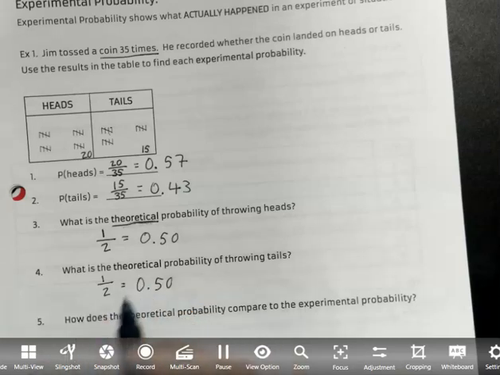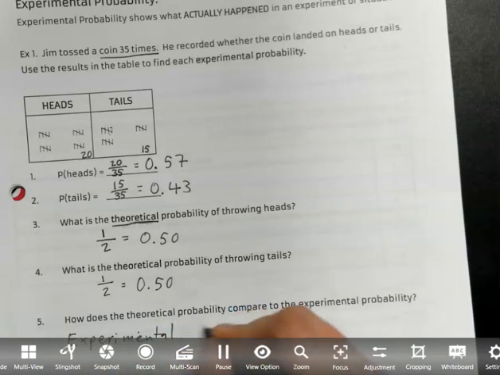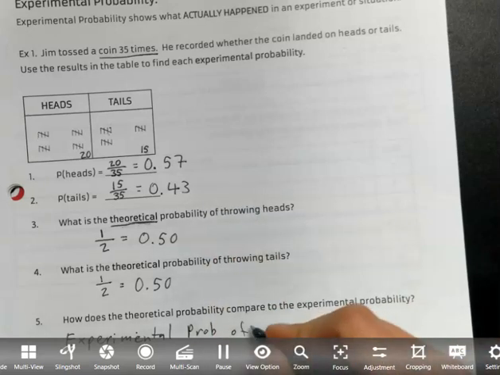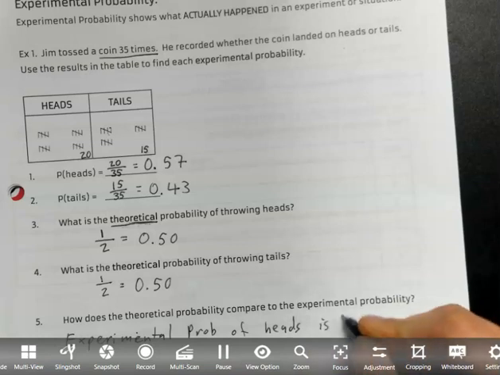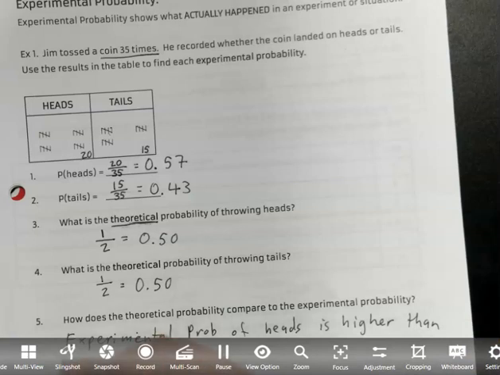We could say that the experimental probability of heads is higher than theoretical probability.